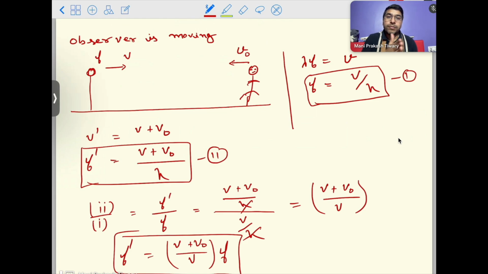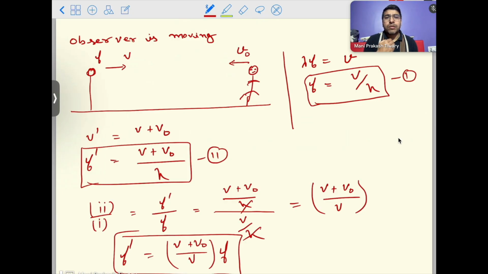And now see, the observer is moving towards the sound wave, or towards the sound source. In that case, what will happen? The frequency felt by the observer will be more than the actual frequency, right? How? Suppose a person is throwing balls towards me, in front of me, and suppose he is throwing 10 balls towards me continuously, right? So I'm standing here stationary, I'll receive 10 balls in 1 second.